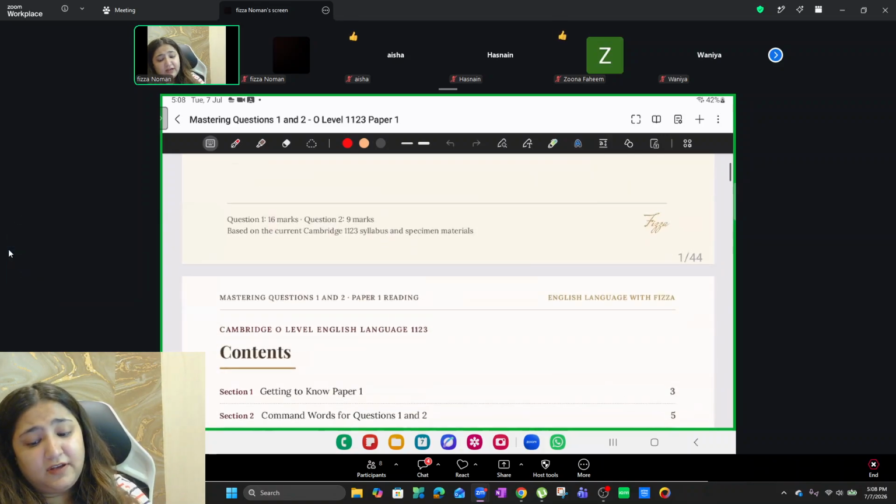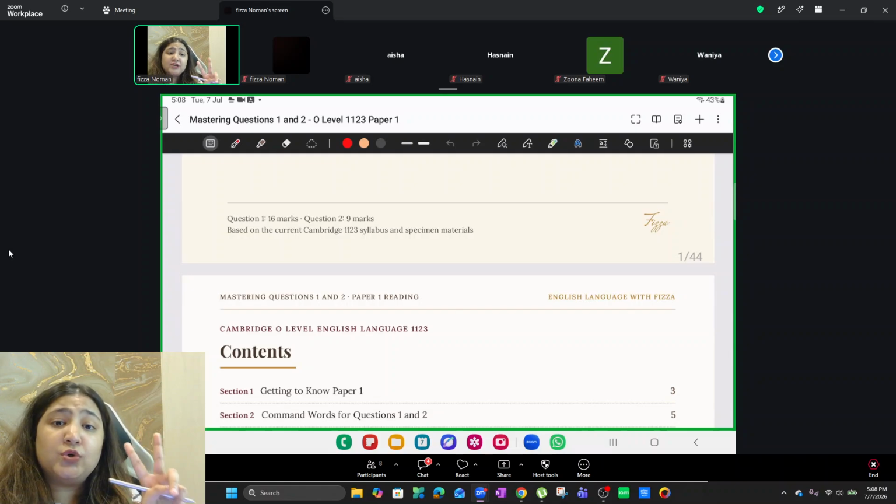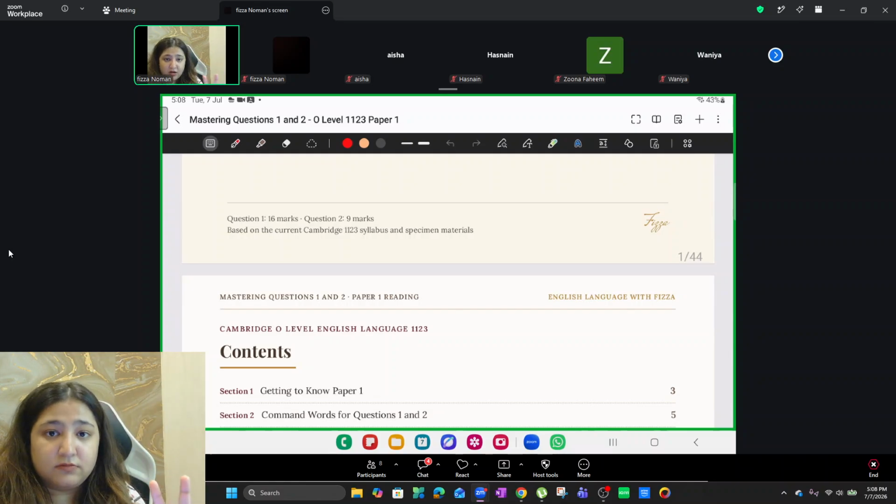Acha, as you guys can see, question number one is a 16 marker. Question number two is a 9 marker. For the convenience of those students who have no idea about this, we get two major comprehension questions in paper one. Question number one, total, is a 16 mark question. And question two, total, is a 9 marker. Okay?